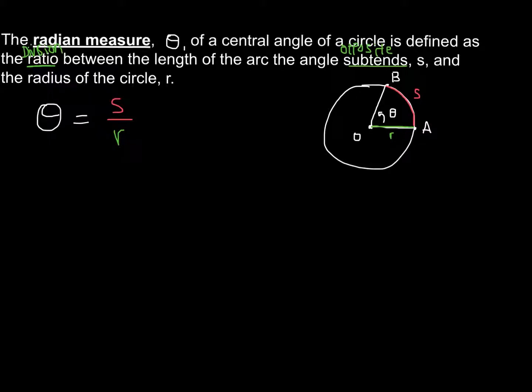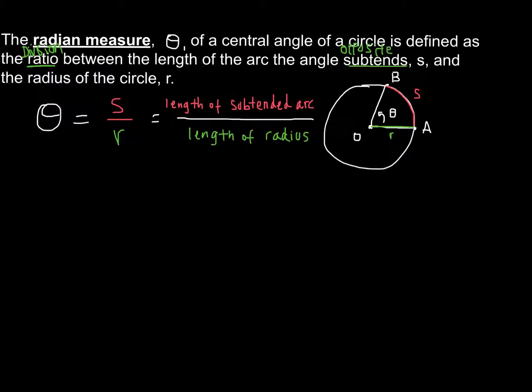If I replace that with the idea of being opposite to, the length of the arc opposite to the angle, well, if this is my angle here, from this line to this line, the arc length opposite this angle is going to be this arc length here that was created by rotating around the circle. Okay, so that's the value of S, and of course the radius of the circle, R.